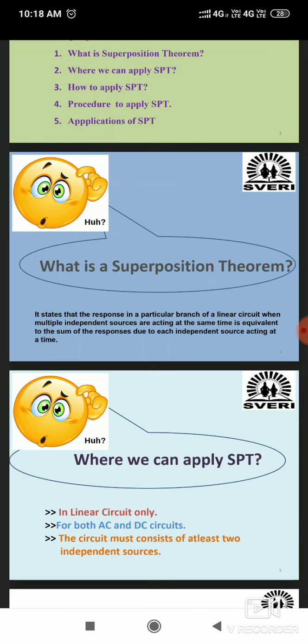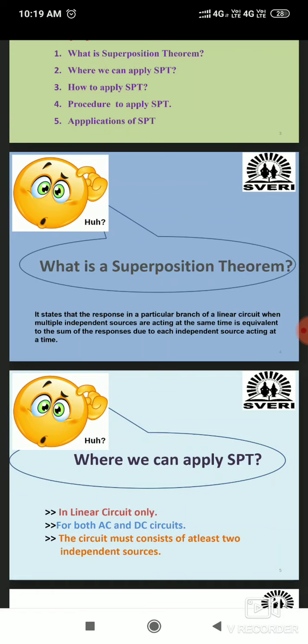So in the first attempt, you cannot get all the information regarding the superposition theorem, so we must solve one example. Okay, so next point we will cover. You all noted the theorem. I will continue to repeat this theorem again and again.